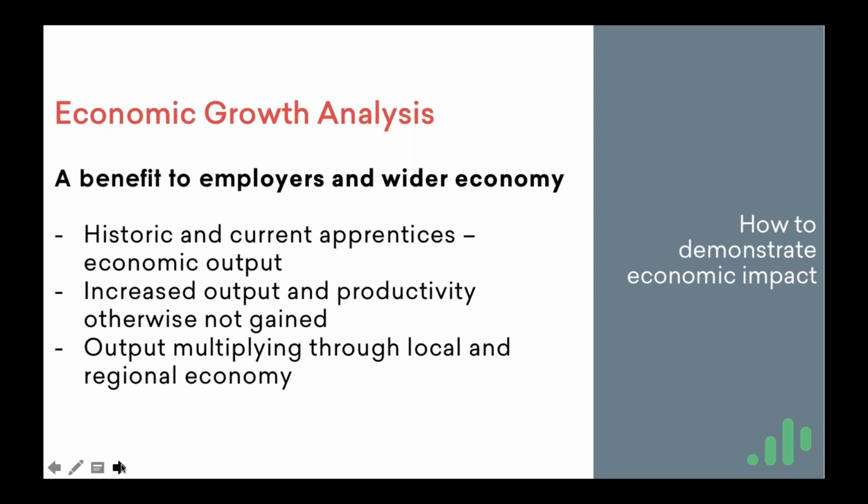And that will be slightly different to if you have a big chunk of business admin apprentices, because their employers will spend their money differently, and those business admin apprentices themselves will spend their money differently, and that will then flow through your local and regional economy differently. So it's very unique to your college, very unique to the portfolio of apprentices and their frameworks that you have right now and you've had historically.